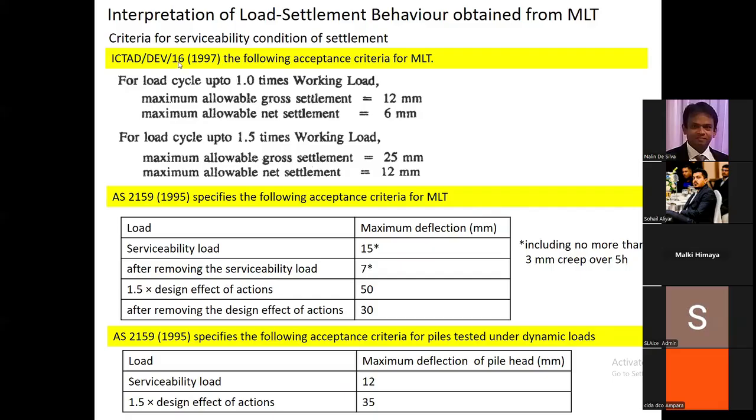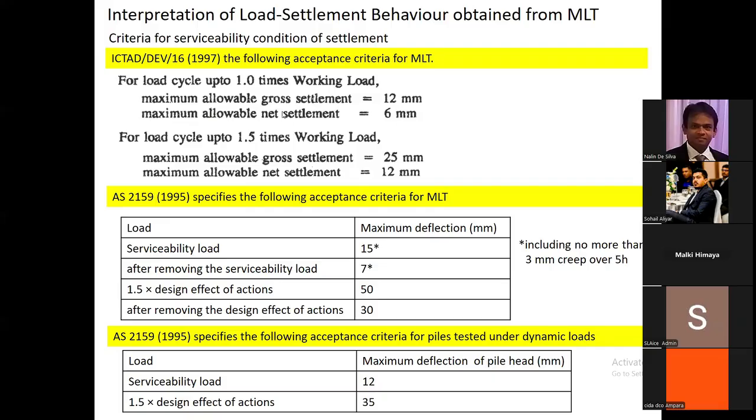Acceptance criteria. According to the CEDA guidelines, to accept a pile, it must satisfy the given criteria. When the pile is loaded up to 1 times the working load, the maximum allowable settlement is 12 millimeters.